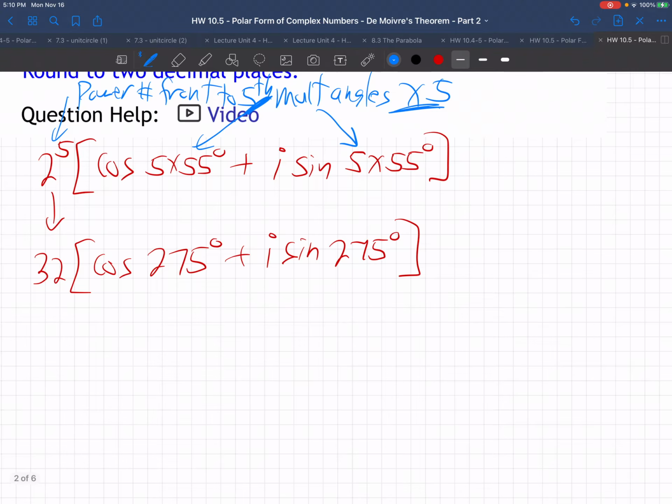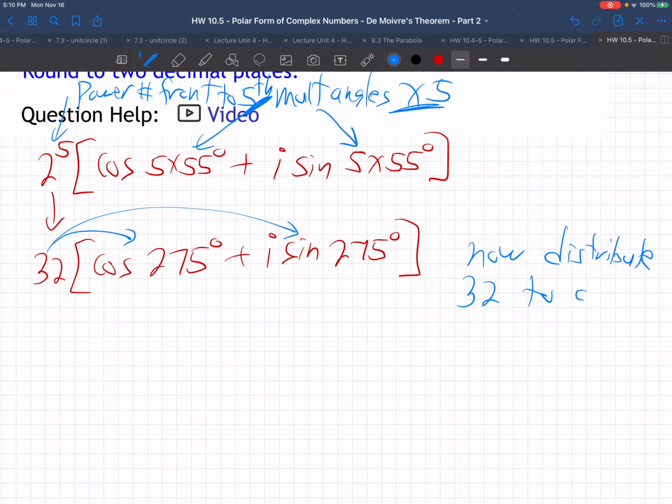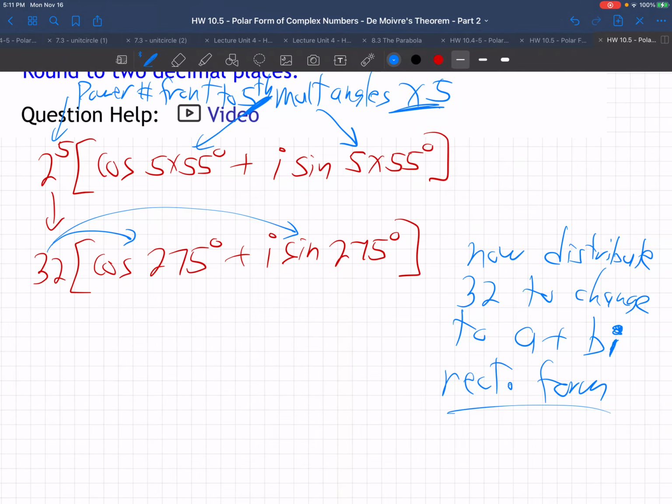And now, distribute the 32 to change to a plus bi, rectangular form, which is what they want in the end.